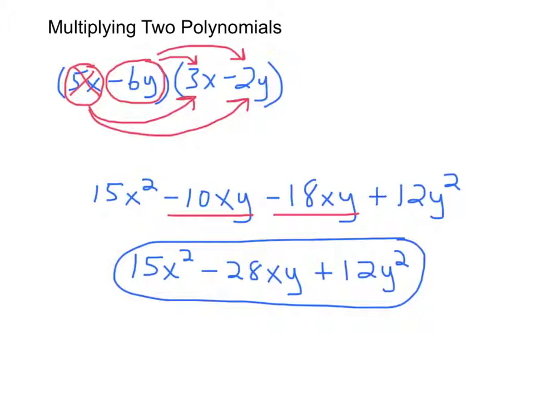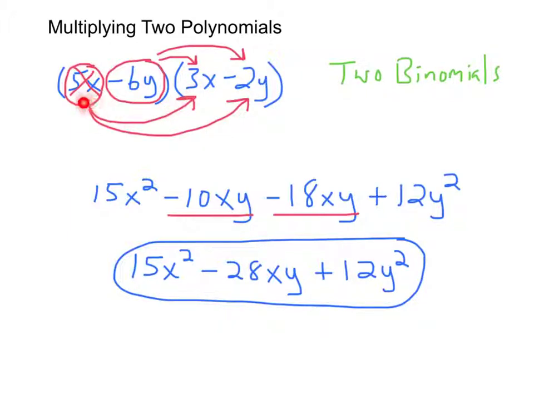Now, a lot of people call this type of problem, when you're multiplying two binomials together, which is really what we had, because each one had two terms in it, a lot of times they call it FOIL, and here's why. Because if you trace back through these different multiplications that we did, the first thing we did is we took the 5x and we distributed onto that 3x.